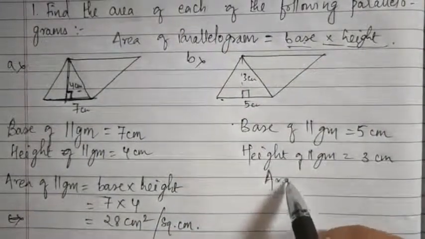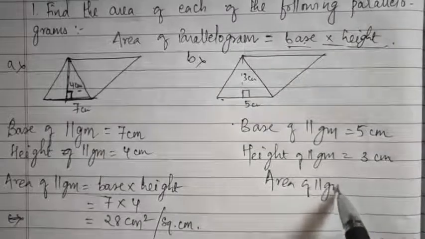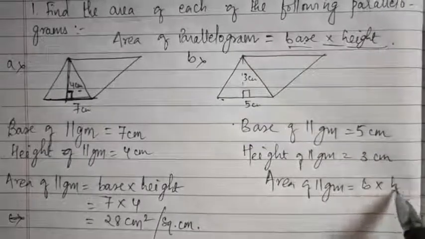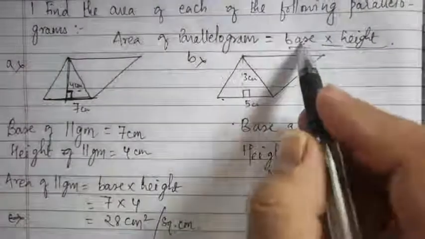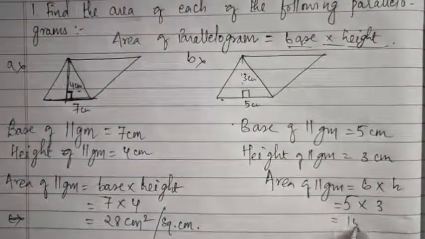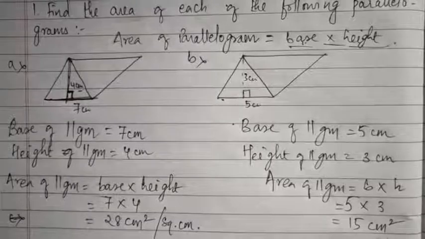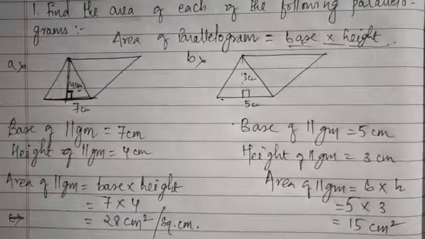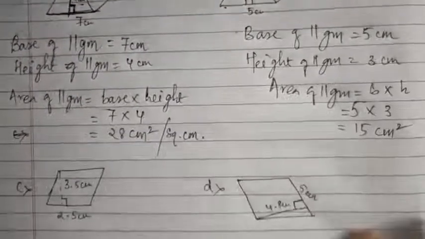So area of parallelogram is equal to b into h, base into height. So base here is 5 into 3 is equal to 15 centimeters square or square centimeter you may write. Okay, so I hope the concept is clear.